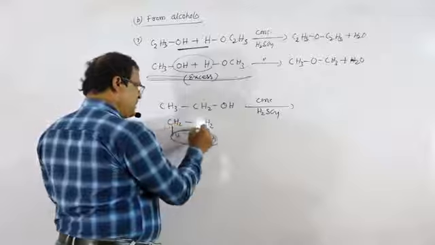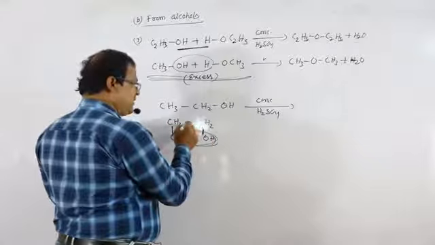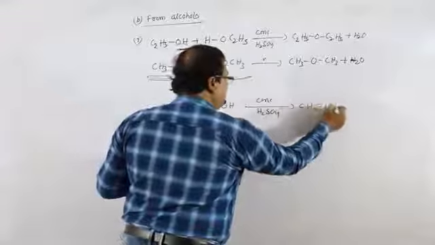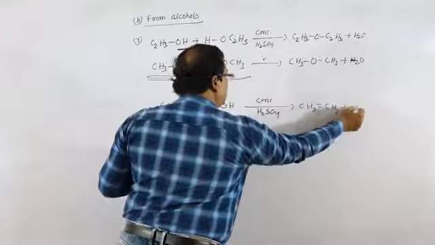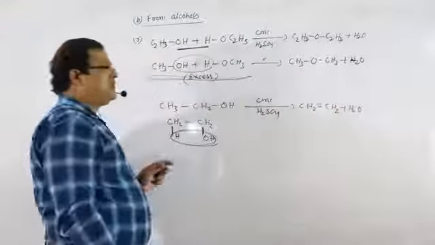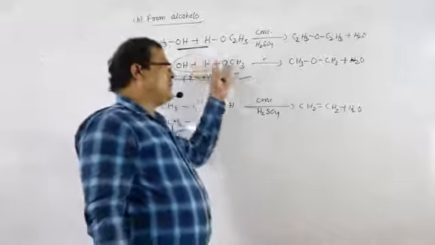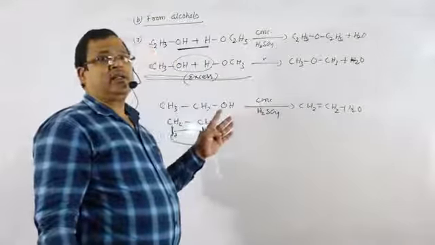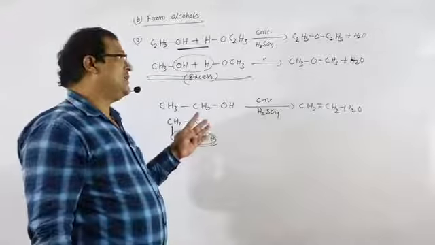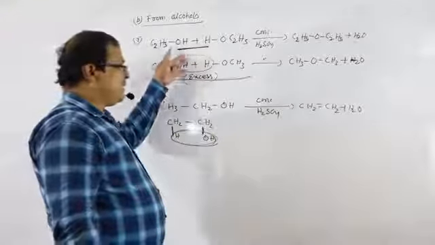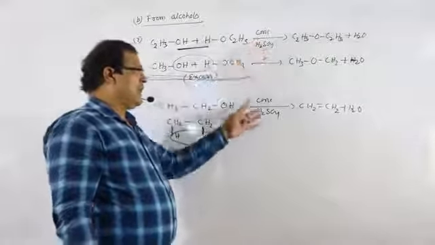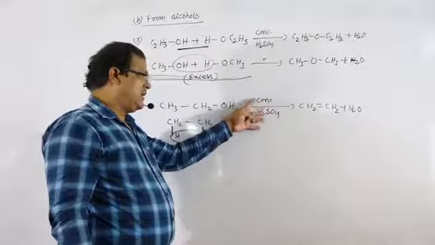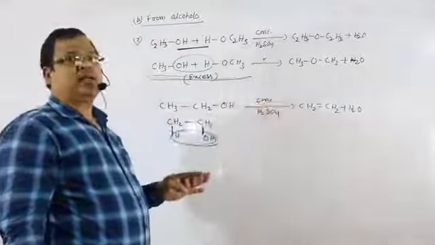So there is the presence of a double bond in this compound, and there is the formation of the compound containing a double bond, that is ethene plus water. The same dehydration goes on. This is the dehydration of alcohol, but it is a concentration dependent reaction. Excess alcohol gives rise to ether; if the concentration of sulfuric acid is maintained in excess, then there is the formation of alkene.